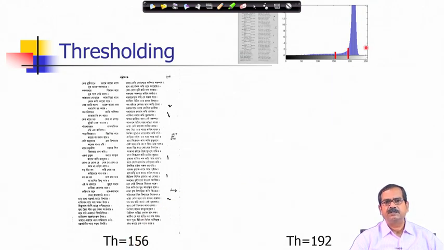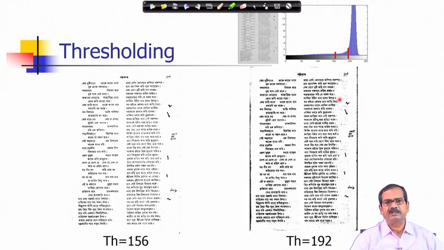If I choose another value, say 192, you get another kind of binarized image, and you can see the difference between these two images. If the threshold value is higher, then you get more foreground pixels and your text becomes sharper, but then there is more spurious noise in your document also, which is not desirable. So, what is the optimum threshold value?